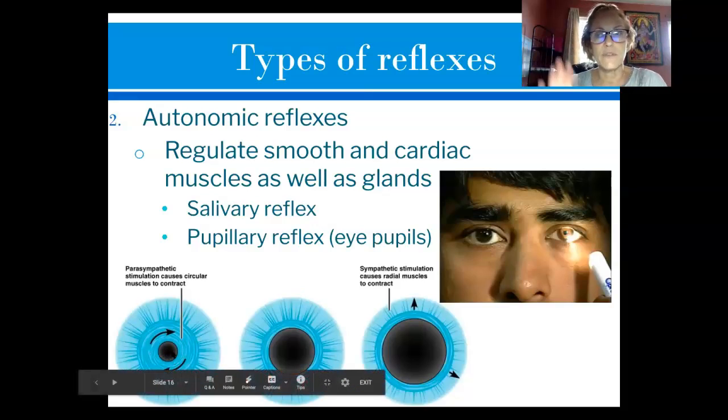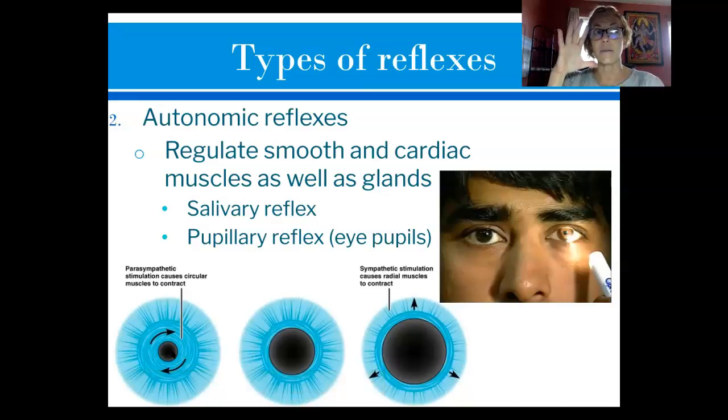Like your pupil reflex, you've seen your eyes get big when it's dark and small when it's bright, right? We're protecting our retina. But we also talked about it with the sympathetic nervous system, fight or flight. Take in as much information as possible because you need to run away from a bear. Or it gets small when you're about to fall asleep because you're so lethargic from your turkey.